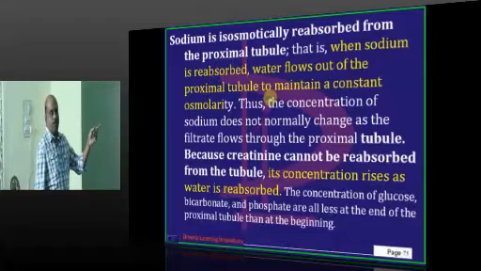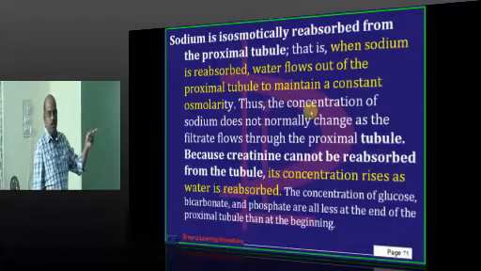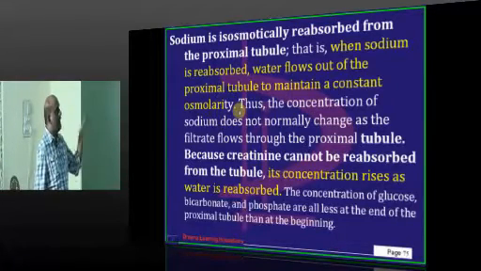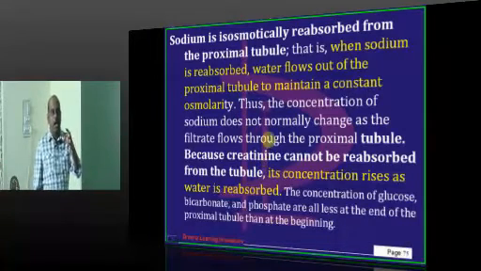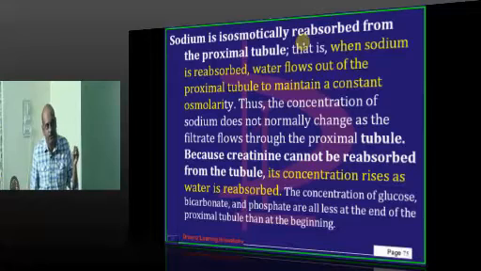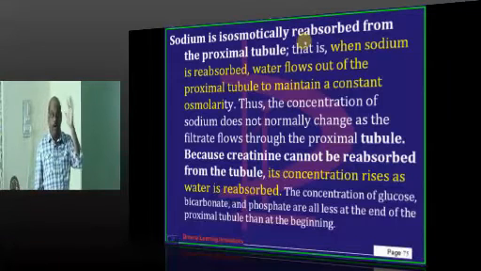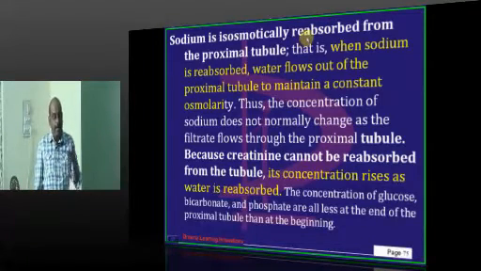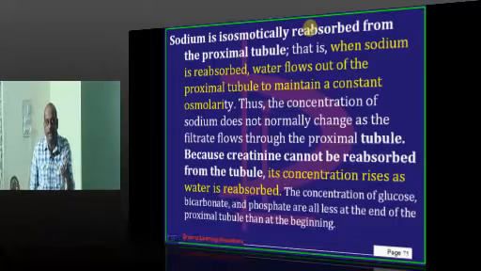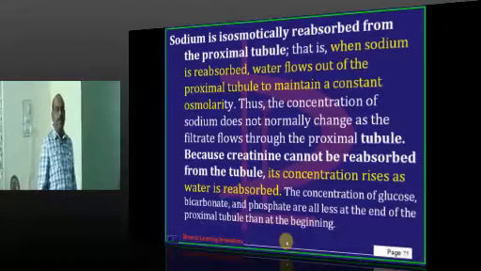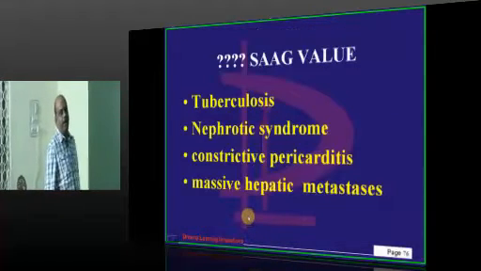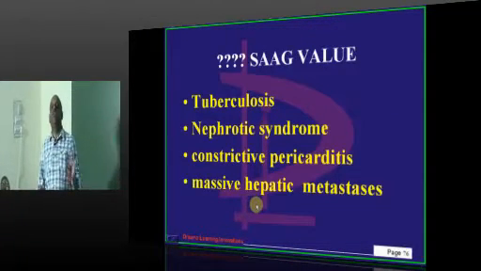When the sodium is reabsorbed, water will also flow, so that the osmolarity is maintained constant. But creatinine is not reabsorbed in the proximal tubule, while water has already been reabsorbed along with the sodium. Hence what happens to creatinine concentration typically in the proximal tubule? The concentration will increase. Creatinine concentration increases in the case of the proximal tubule, is what needs to be remembered.